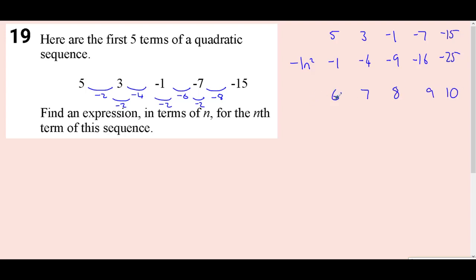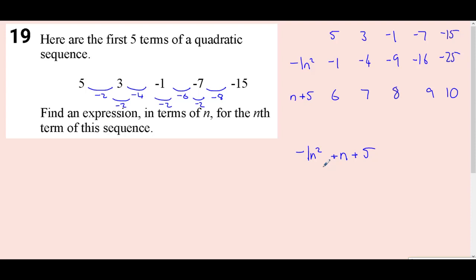Now that rule is going up by 1, so part of our rule is going to be n, and our rule there of 0 term would be n plus 5. So altogether, our rule would be negative 1n squared plus n plus 5. Also written as negative n squared plus n plus 5, or 5 plus n subtract n squared.